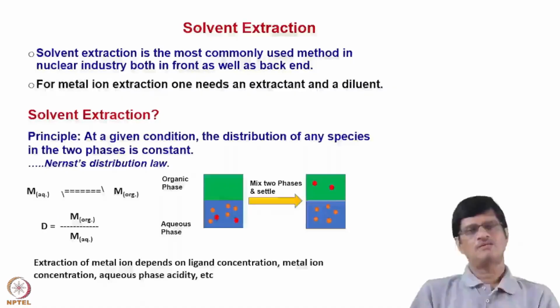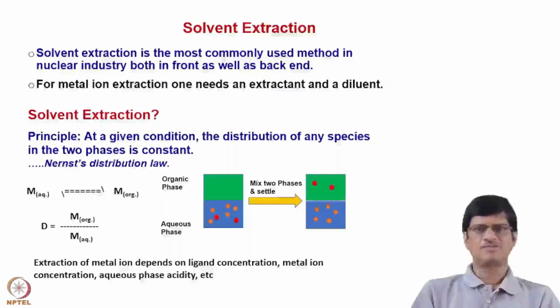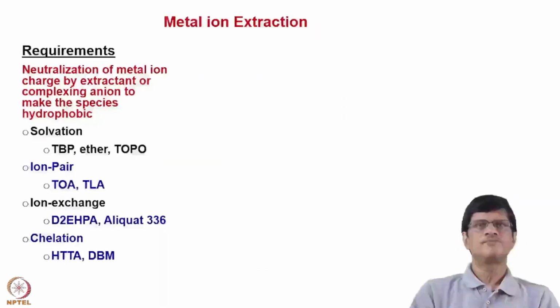On the other hand, the organic phase contains the extractable complex species, a single species, or in some cases a mixture of extracted species. The extraction of the metal ions depends on the ligand concentration, metal ion concentration, aqueous phase acidity, and other conditions like the diluent composition also.